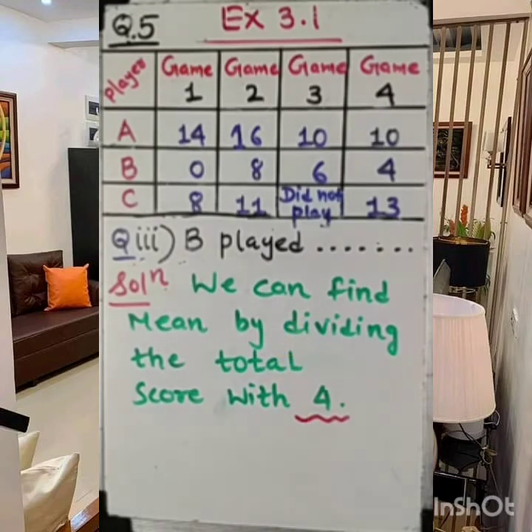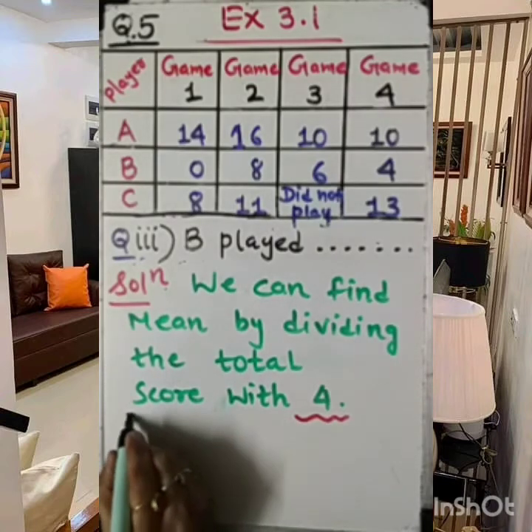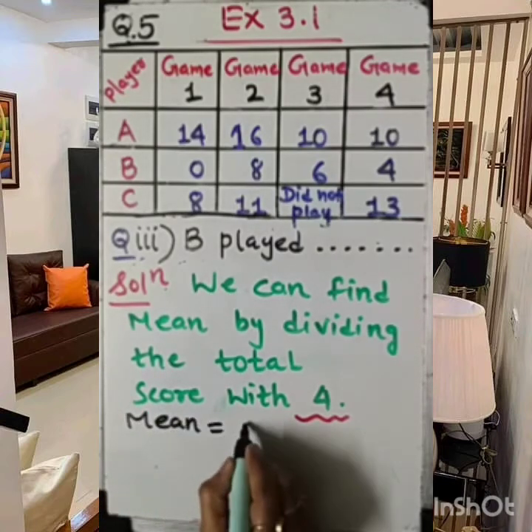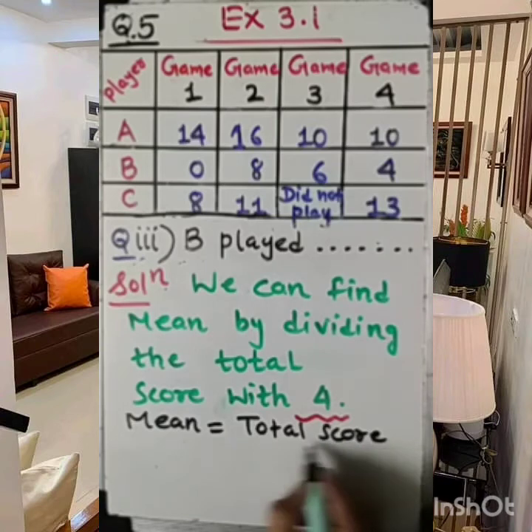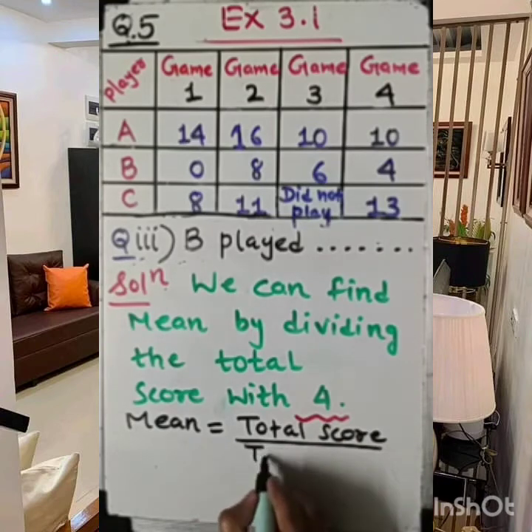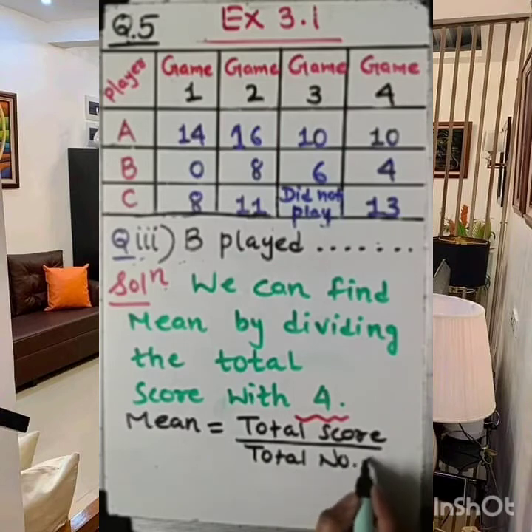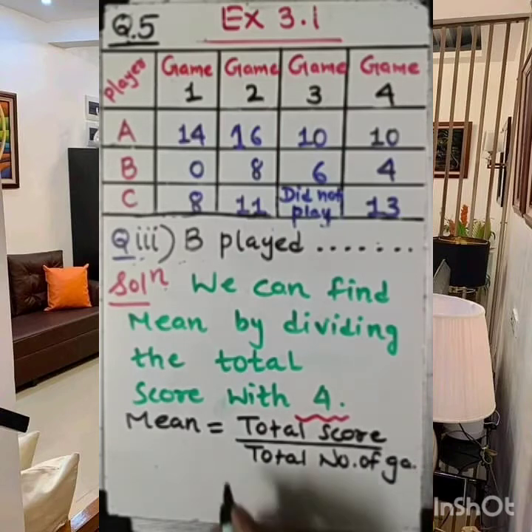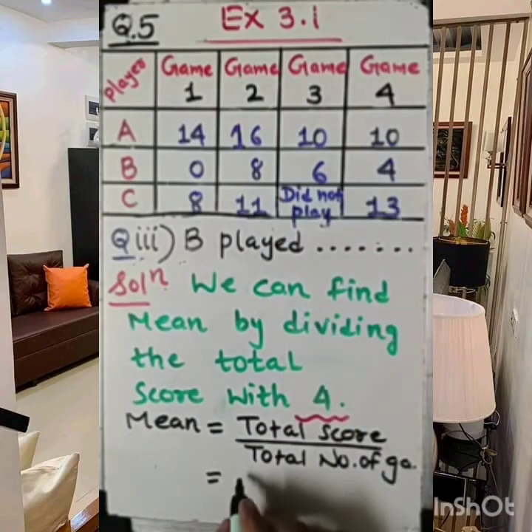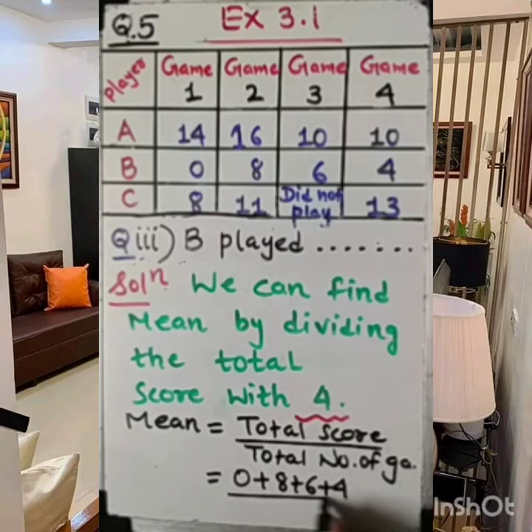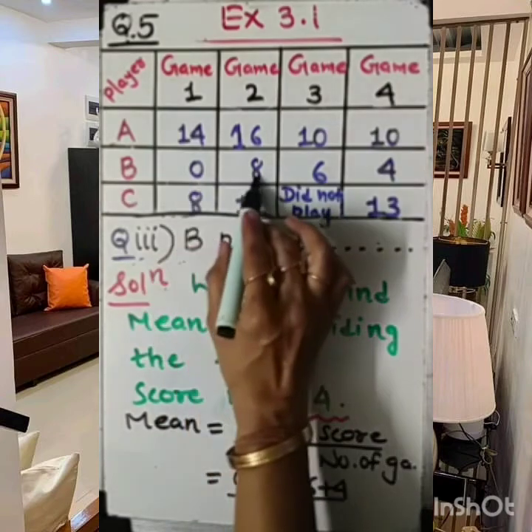So my dear student, we need to find the mean here. Very simple, very easy. The formula to find the mean is equal to the sum of the scores, the total score, divided by the total number of games. So this is for player B. We need to add these 4 numbers: 0 plus 8 plus 6 plus 4, and divide the sum by 4 because there are 4 games in total.